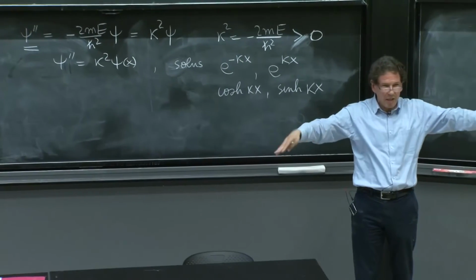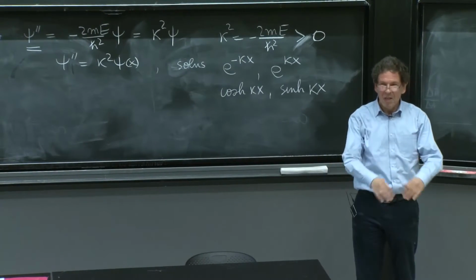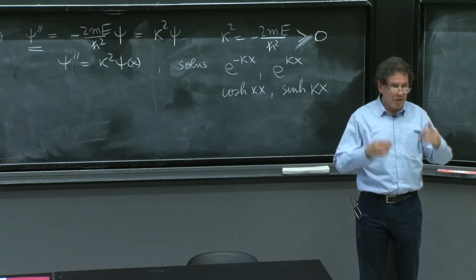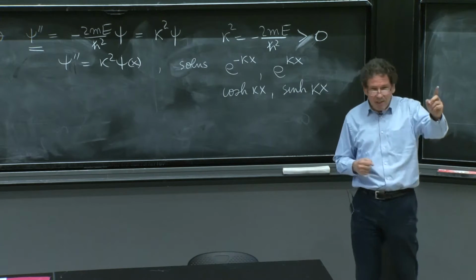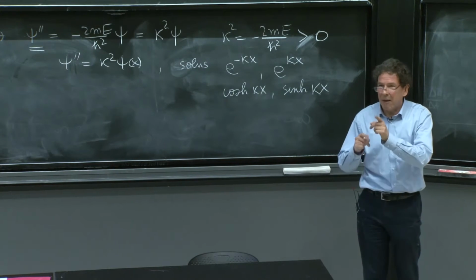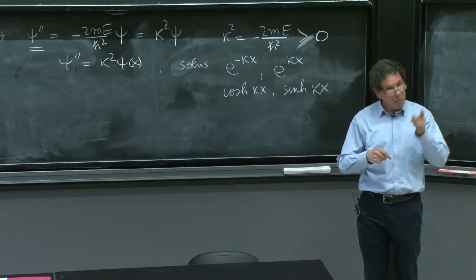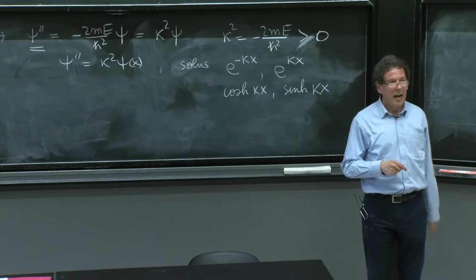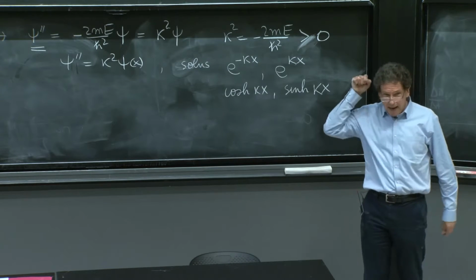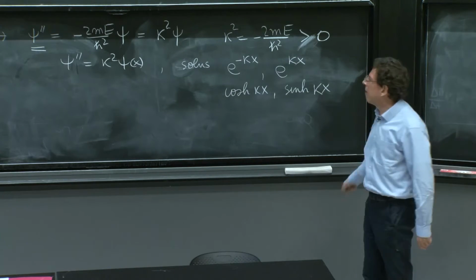It's the ground state. It has no nodes. It has to be even, because the potential is even. If I have the first excited state after the ground state, it will have to be odd. It would have to vanish at x equals 0, because it's odd. There is its node. It has to have one node.